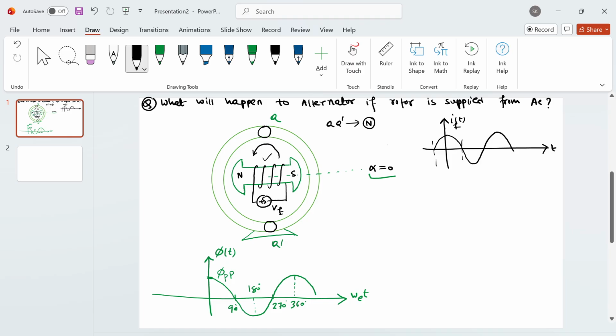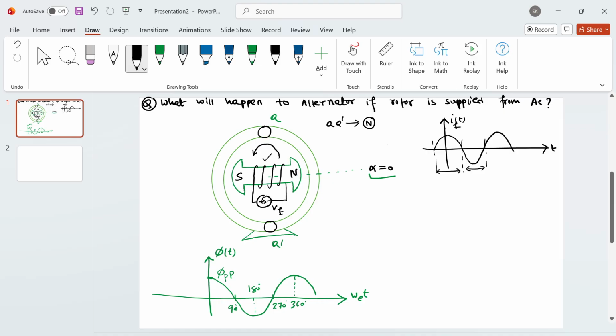So till this period, if my rotor is producing a north pole and south pole in this direction, during this negative half, the polarity of the rotor will simply reverse. Like then this will be your south pole and this will be your north pole.